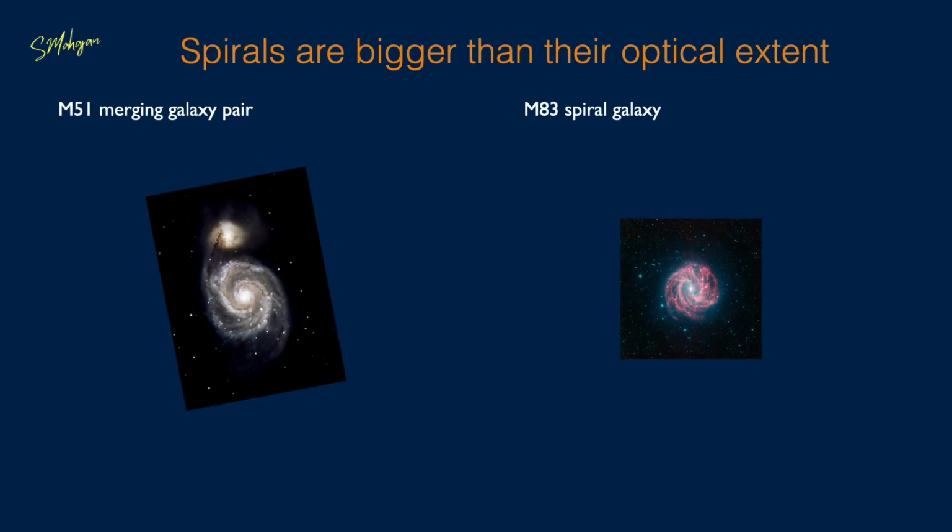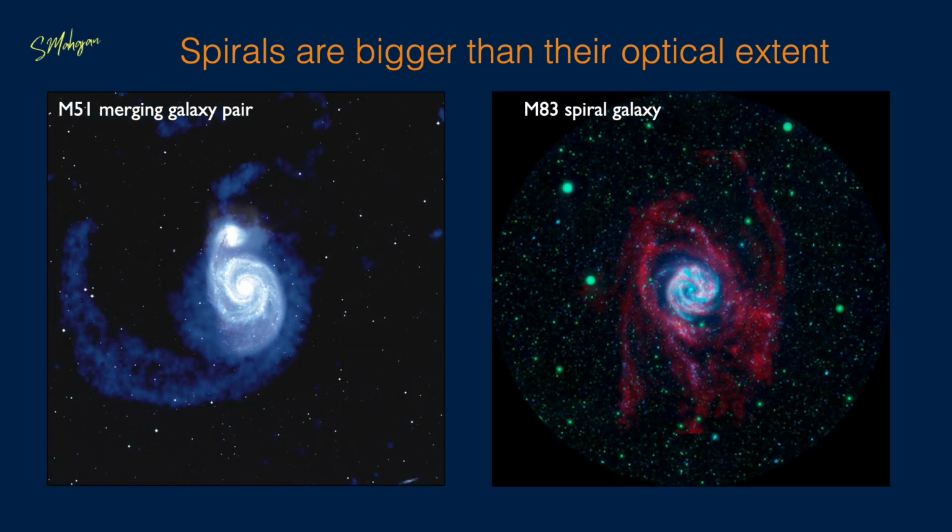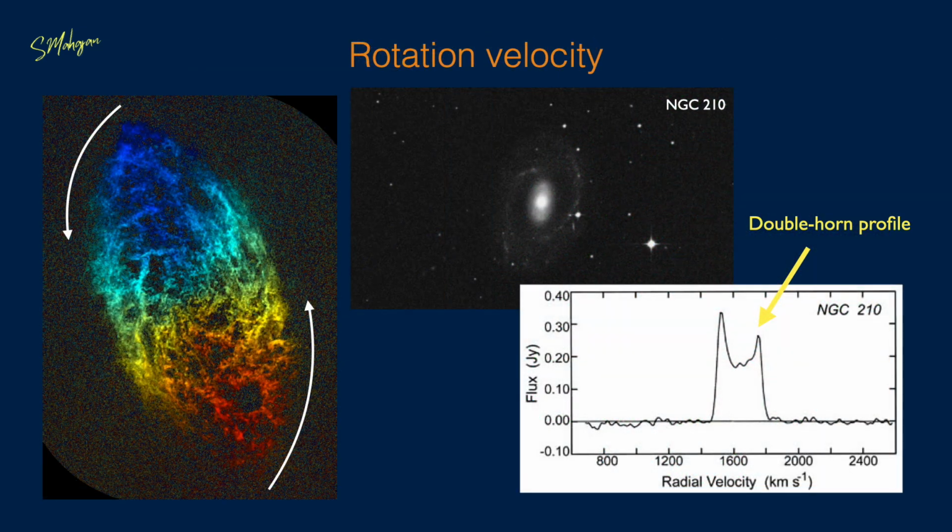Let's begin by noting the fact that the gas disk observed using the 21 cm radio emission extends much beyond the optical disk of spiral galaxies. In spiral galaxies, the disk of stars and gas is rotating around the center of mass as shown in this figure.